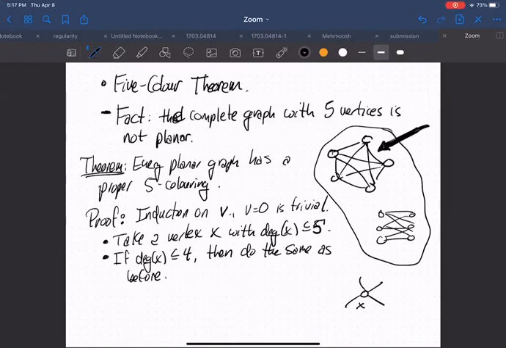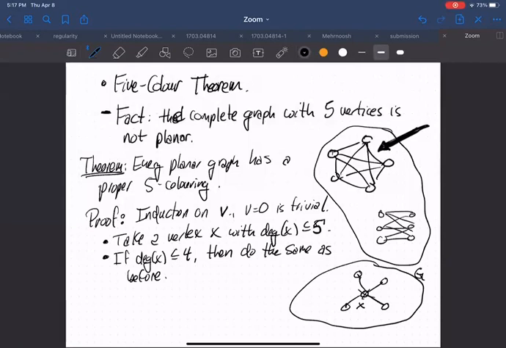Well, if the degree is less than or equal to 4, like in this example here, a big graph where we found a vertex of degree 4 in it, we take it away, we color the rest of the graph inductively, and when that's done, we put it back. Since it has no more than 4 neighbors, those 4 neighbors are not using more than 4 colors. So there's a last color remaining. There's a 5th color that we get to use. So that part's easy.